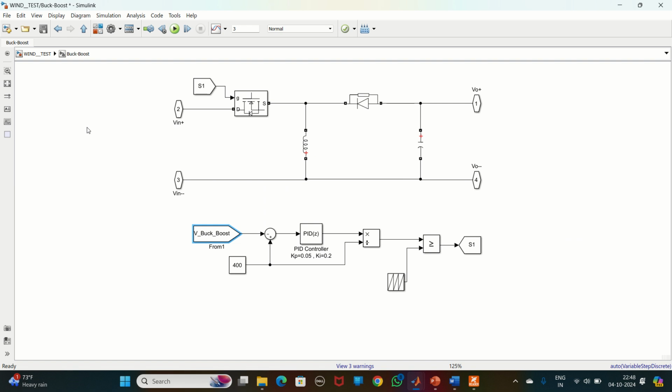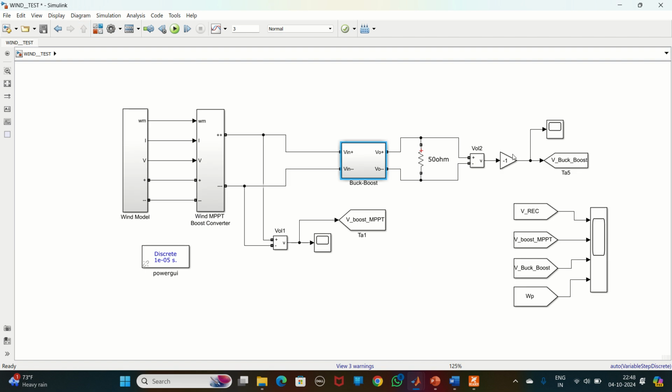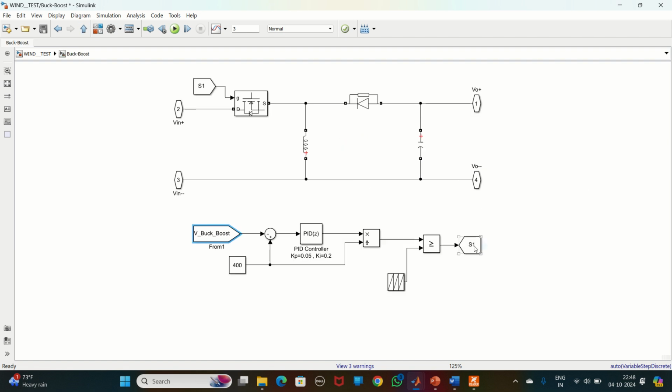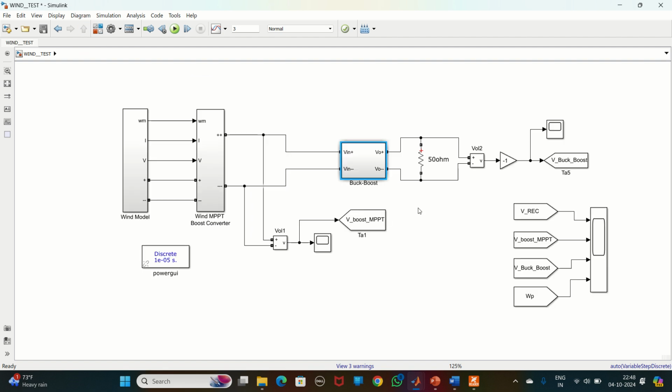Don't copy paste from your manual. Whatever name you have given here, the same has to be given here also. Please try to remember this thing. After that you have to calculate these four parameters. This block will not be given to you, so you have to design this one. That's it. So this is about experiment 6. Thank you.